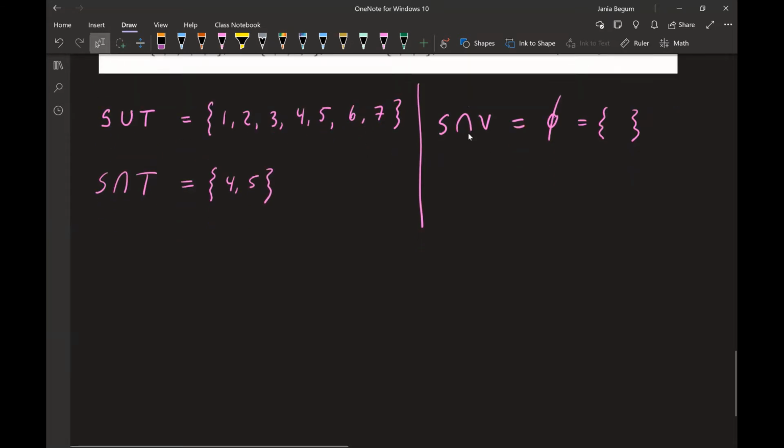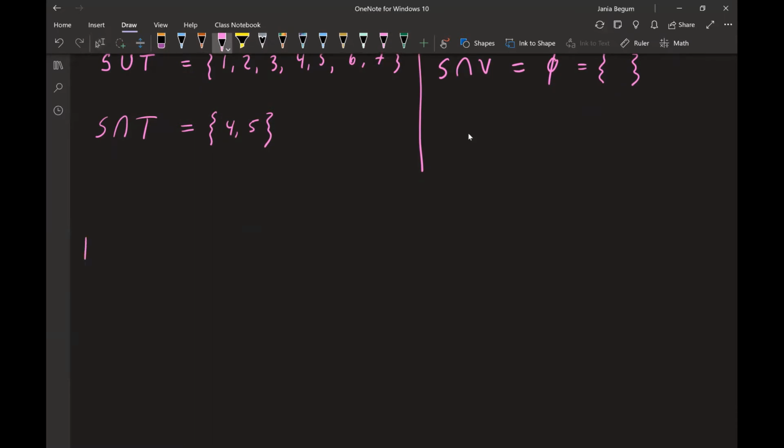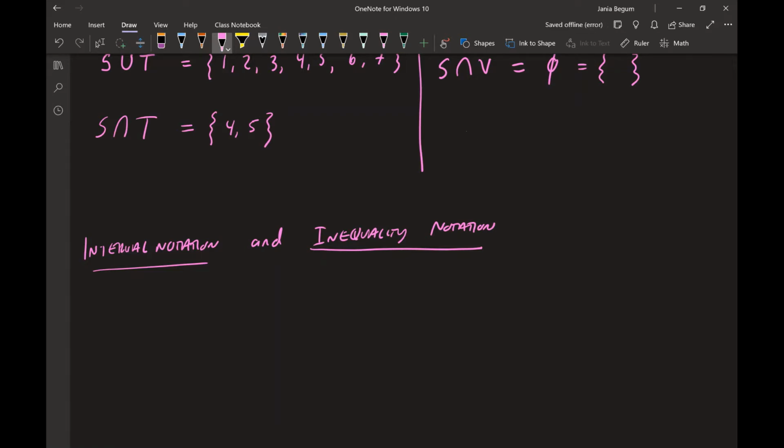Okay, so let me show you interval notation and inequality notation. These are just two different ways of representing a set, but they're the same thing, okay? They're just different ways of representing the same set. So I'm going to show you what the symbols are, and then I'll show you how to use them.